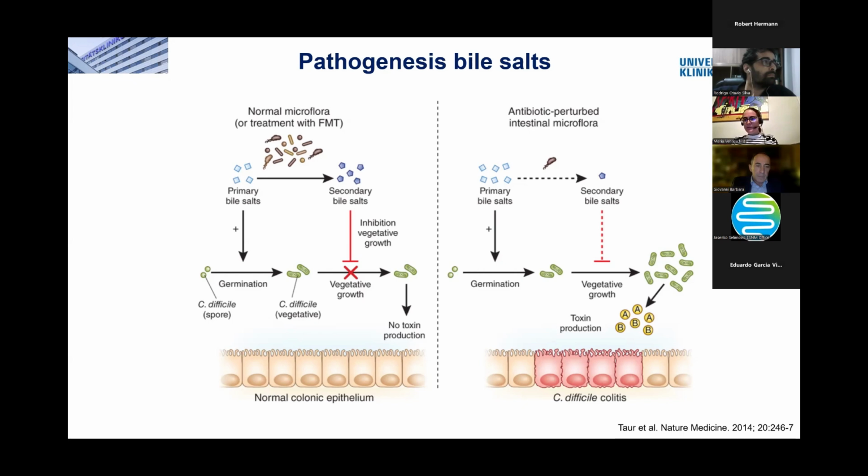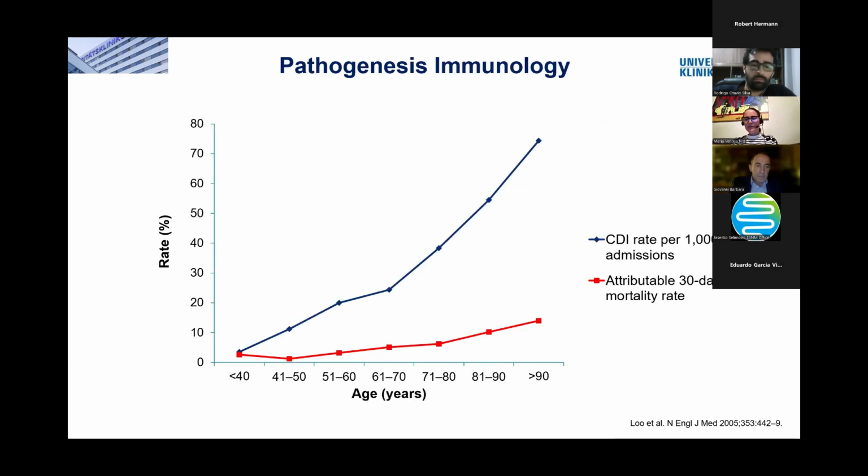Then this feedback loop is disrupted. The Clostridia can multiply and produce toxins, and then our patients become symptomatic. Another factor that determines whether or not we become symptomatic is our immune status.